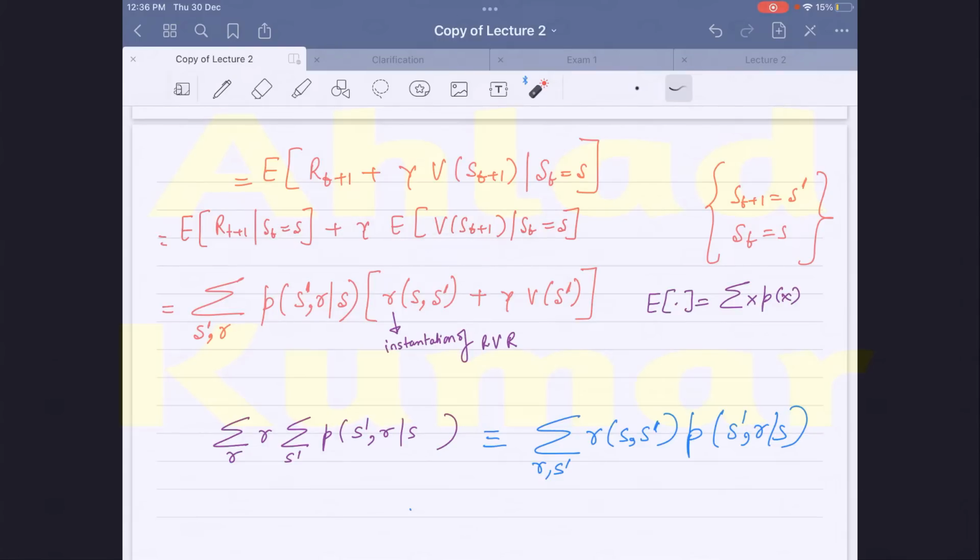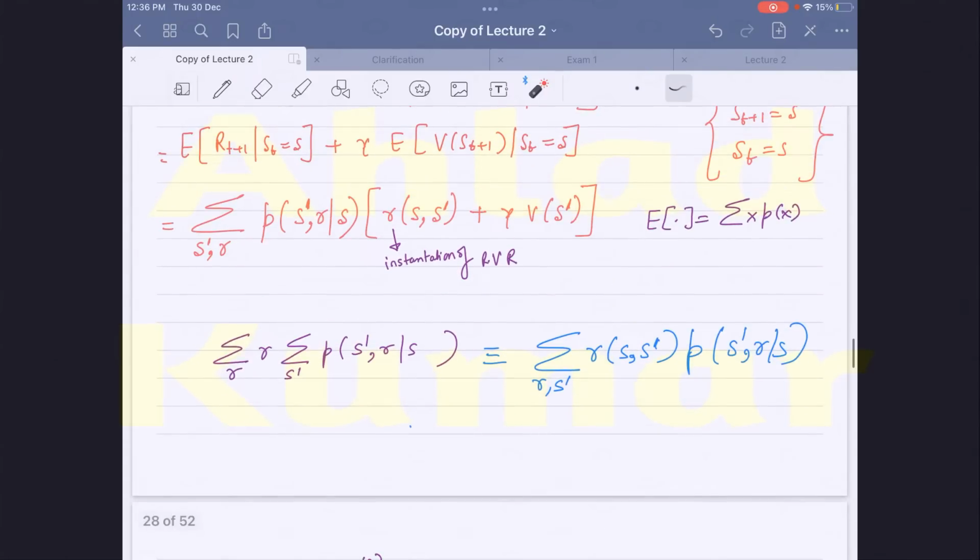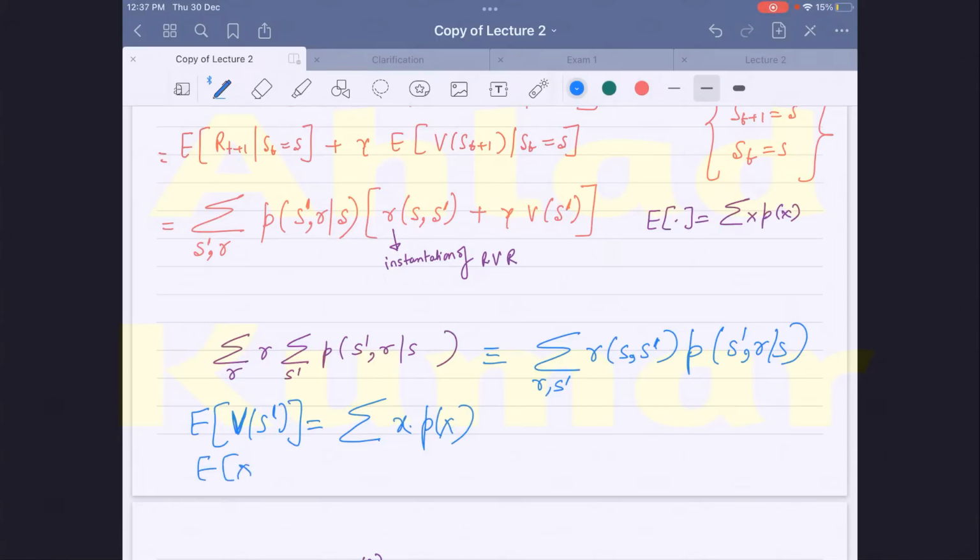which you can take right now as basically gamma times the probability of this times the value of the next states. So what I am saying is, if you want to calculate the expected value of some variable, let us say v here, for the next state, it is nothing but the summation of x times p of x, right? If it is E of x, then E of x is nothing but the sum of x times p of x. You are summing it up to get the expectation.